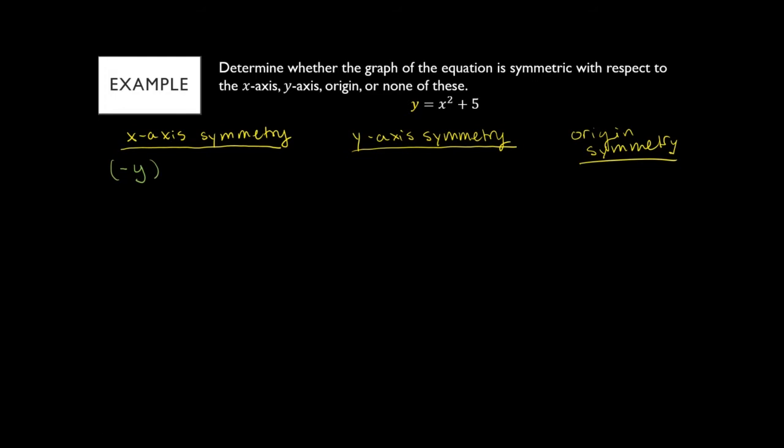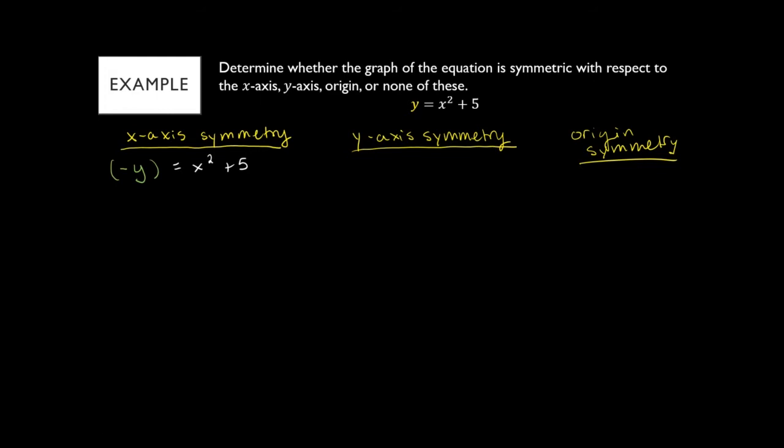And I'm putting it in parentheses because sometimes you have to do some multiplication when you have these negatives. So for the x-axis, we plug in negative y, and then you want to solve your equation for y and see if you get the same equation that you started with, which I have written on the top.